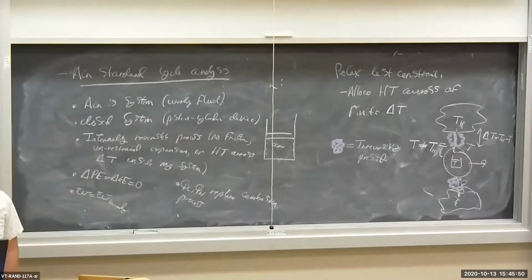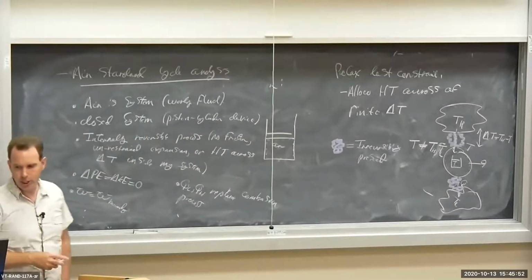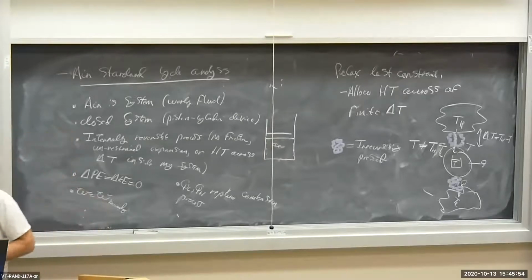Maybe before we proceed a little bit further, let me just make sure everybody's on the same page. Let's go over a simple process, an idealized gasoline or diesel engine, so we can discuss how it works here very quickly.